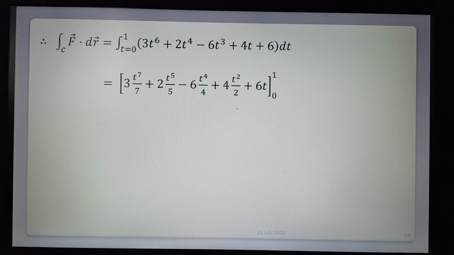Substituting the upper limit t is equal to 1: 3 by 7 plus 2 by 5 minus 3 by 2 plus 2 plus 6.